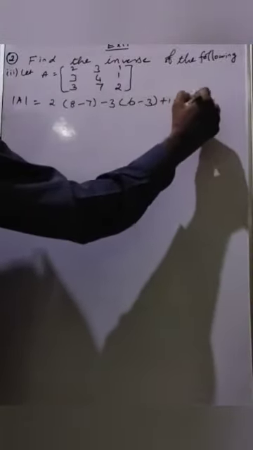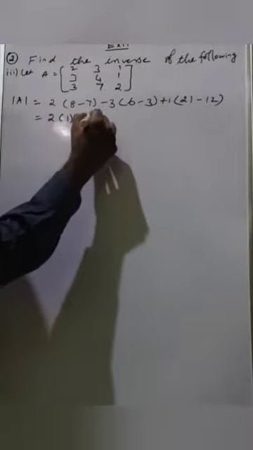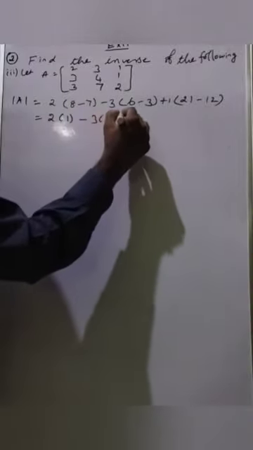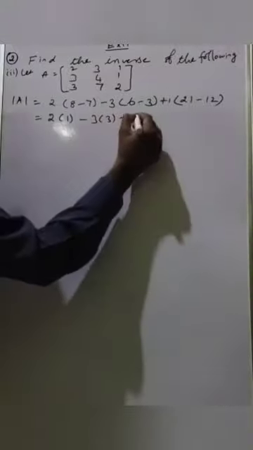Plus 1 into. Now here there lies first row, third column, so remaining 3 4 3 7. 3 into 7, 21, minus 3 into 4, 12. Then here 2 into 1, minus 3 into 3, plus 21 minus 12. 21 minus 12, so we may get here 9.